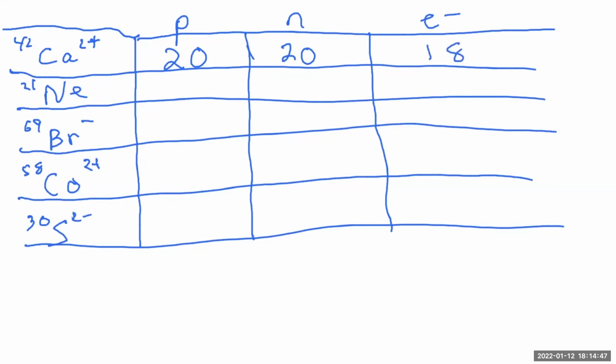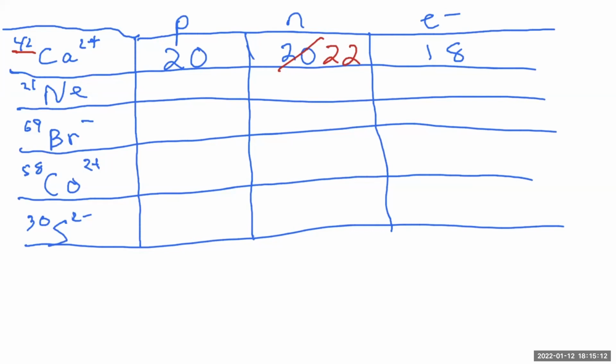Protons are 20 because if you look at the periodic table, you look at calcium, you see 20 protons. Now the mass number, the number of protons plus neutrons, has to be 42. That's this number right up here on the top left. So if this is 20, this would have to be 22 to give you 42, because remember, electrons have no mass.